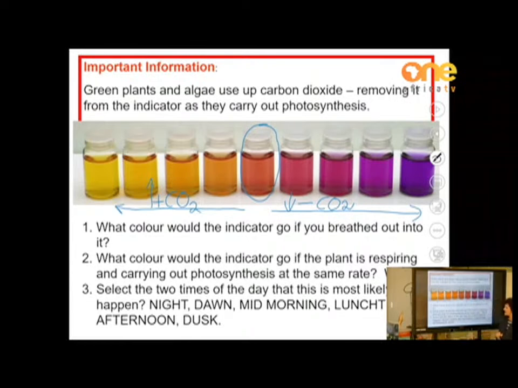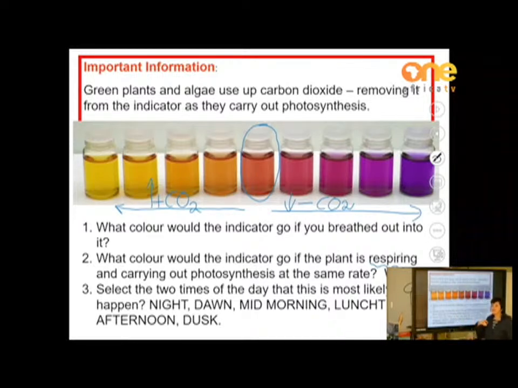The next question. What color would the indicator go if the plant is respiring? Breathing out is not equal to respiring. But what we know is that during respiration, carbon dioxide is the product.